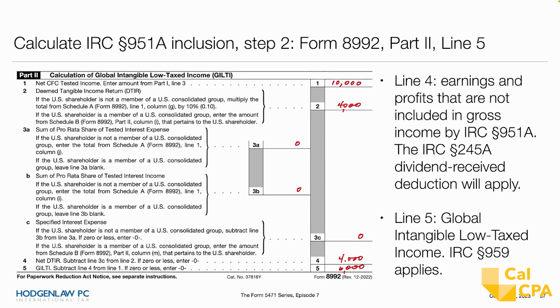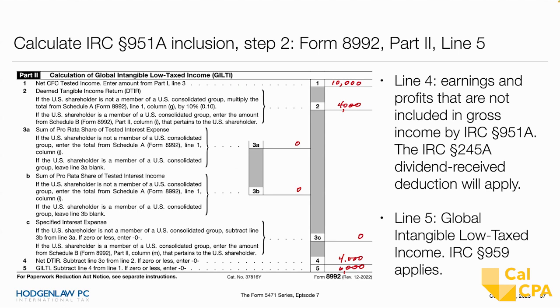So you go down this line and you'll see that my line 2 minus a bunch of stuff which is 0, equals line 4. And this is my net deemed tangible income return. So Congress has decided that when you have hard assets, a rational investor would want a 10% return on investment for those hard assets, and therefore you should be happy to get it.